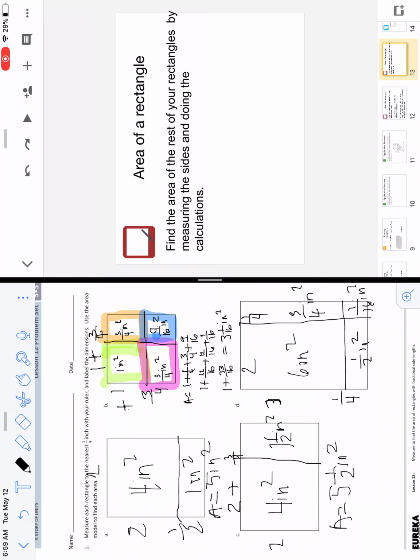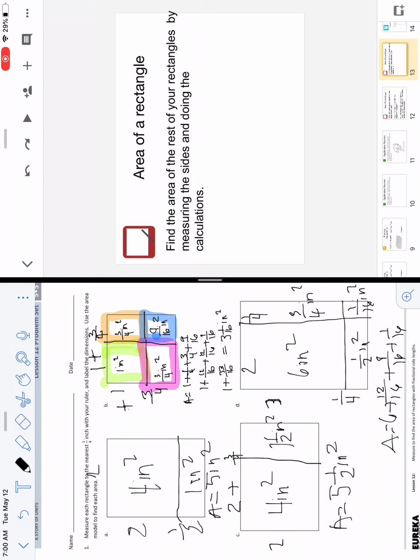So 6 plus 3/4 plus 1/2 plus 1/16. We turn them all into sixteenths. We have area equals 6 plus 3/4 is 12/16, 1/2 is 8/16, and then plus 1/16.